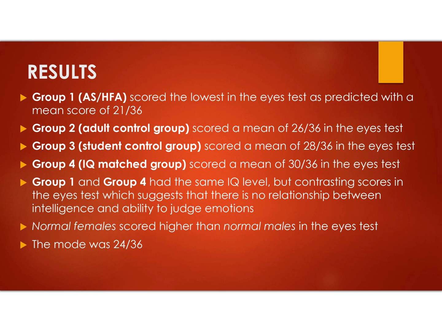Now, this is interesting because Group 1 and Group 4, as we discussed earlier, have the same IQ level. And even though they have the same IQ level, Group 1 has the lowest score in the ICE test, whereas Group 4 has the highest score, 30 and 21. This clearly shows you that there is absolutely no link between your ability to judge emotions and your intelligence levels.